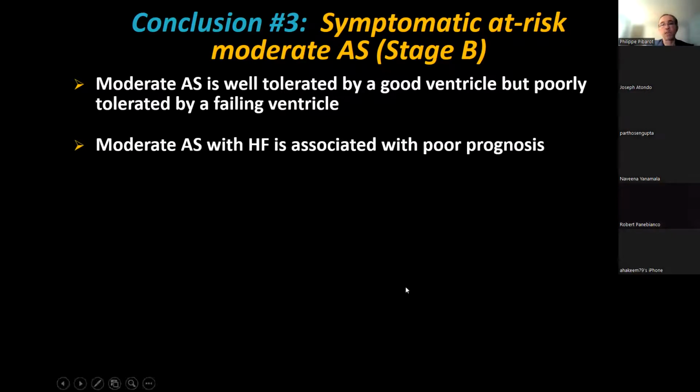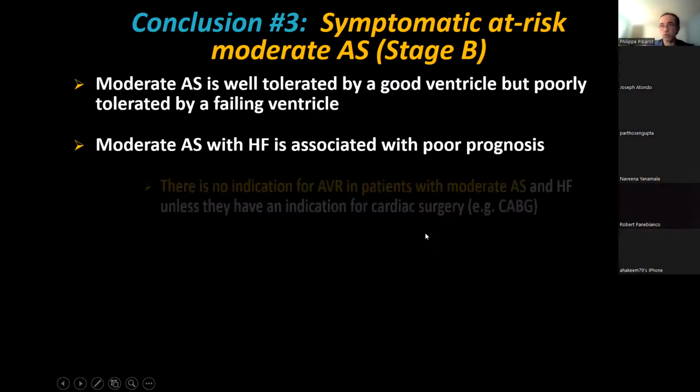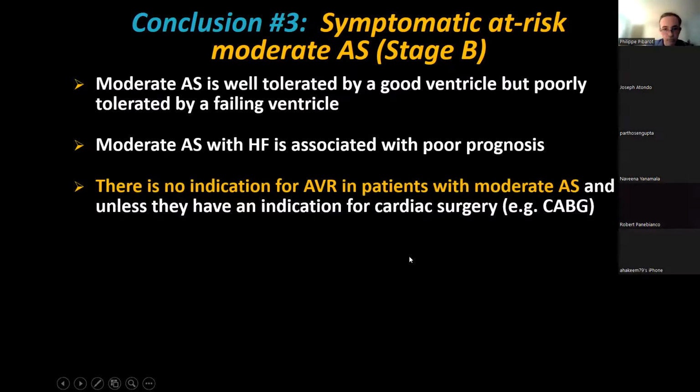So, and clearly there's more and more evidence that moderate AS overall is not benign. And particularly if it is associated with heart failure or cardiac damage, well, it is associated with poor prognosis. At the present time, just to be clear, there is no indication for AVR in patients with moderate AS, okay? If you look at the guidelines, nothing, unless, of course, the patient is undergoing concomitant cardiac surgery.